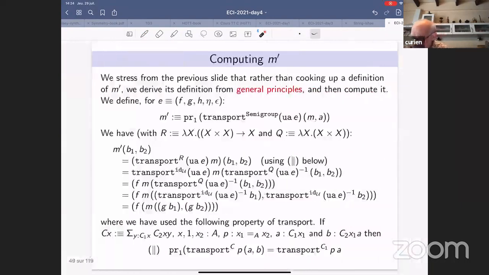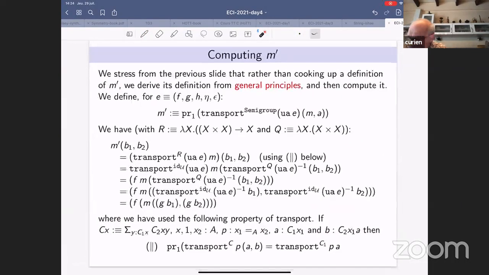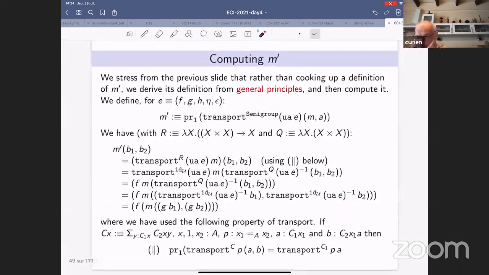I have made the explicit proof here, and I will go through it slowly, just to show you that working with univalence and transport, if you want to do it very carefully, takes a little bit of time and you use a lot of little facts.